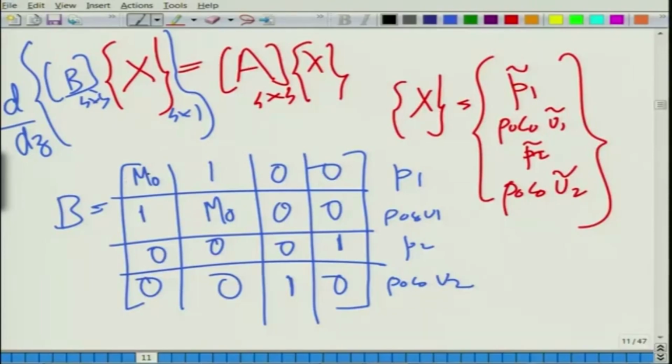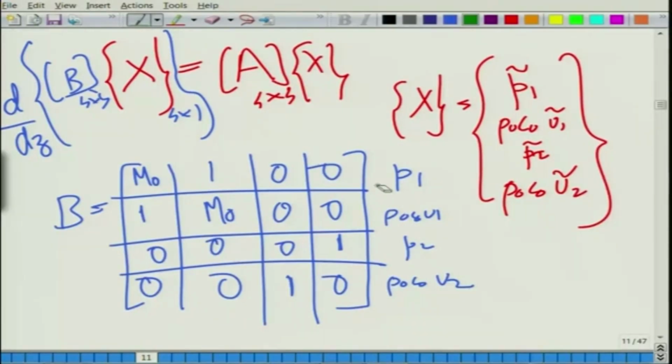You see, m naught is multiplied by p1. So, if we switch things, 1 will be here, m naught will be here, and the same thing, 1 will be here and m naught will be here. It would have become a bit easier to understand that when m naught is 0, we would naturally get back your identity matrix, but this is just the manner in which we choose p1, rho naught c naught, u1 first.